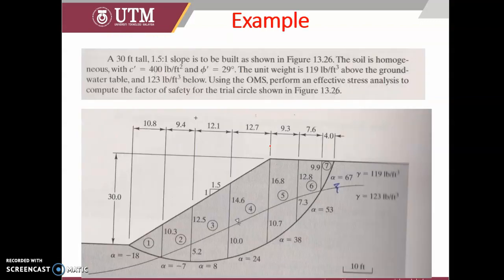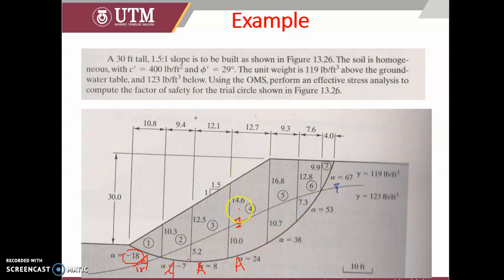For example, we have a slope here, and we already divide it into slices. We also know part of the soil has a groundwater table. So slice 1, the alpha is negative 18, alpha for slice 2 is negative 7, alpha for slice 3 is 8. Negative or positive is just a matter of direction.